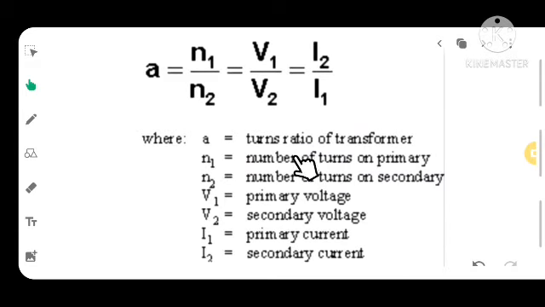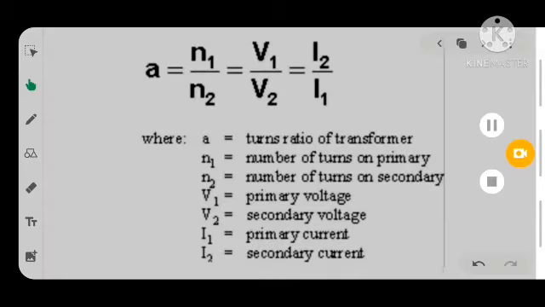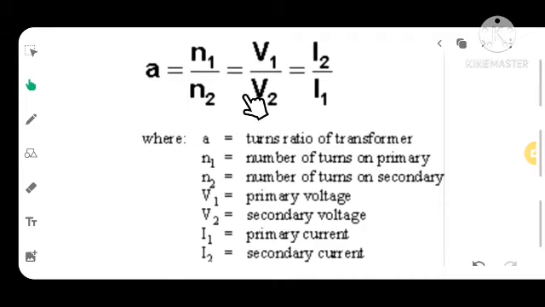Now here you can see A is the turns ratio of the transformer, N1 is the number of turns on primary, N2 is the number of turns on secondary, V1 is primary voltage, V2 secondary voltage. So as N1 is greater than N2, then this ratio will obviously be some number greater than 1.